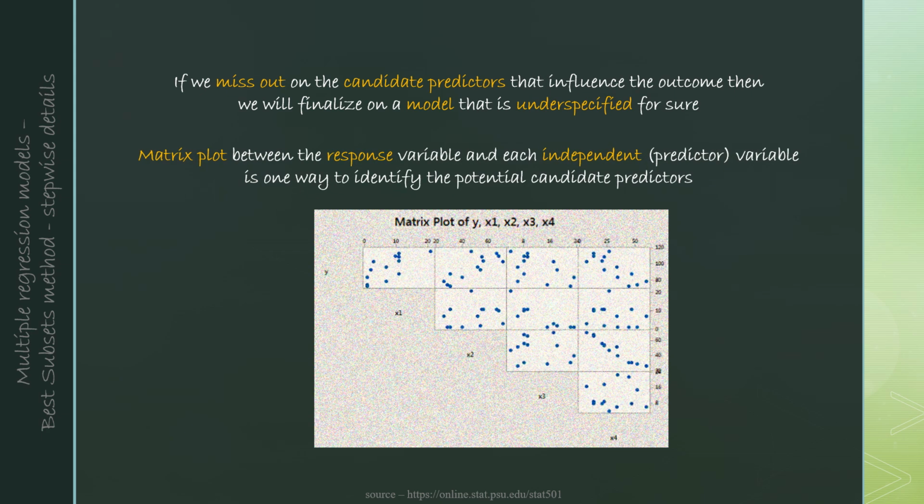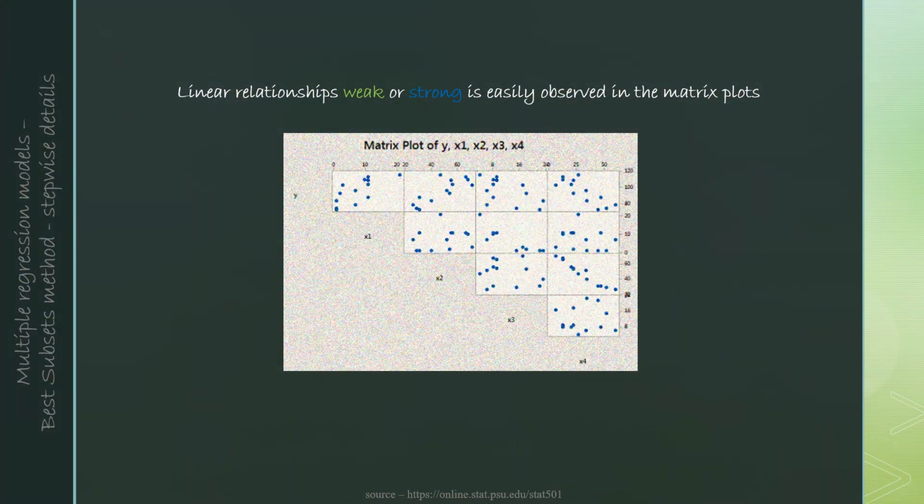A matrix plot between the response variable and each independent predictor variable is one way to identify the potential candidate predictors. Linear relationships, weak or strong, are easily observed in the matrix plots. Nonlinear relationships, if any, are also identifiable.